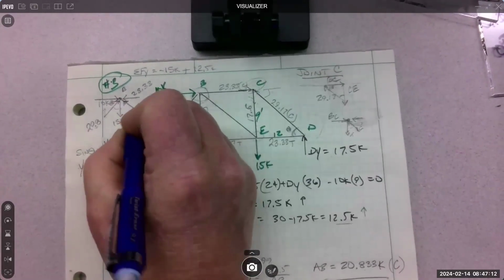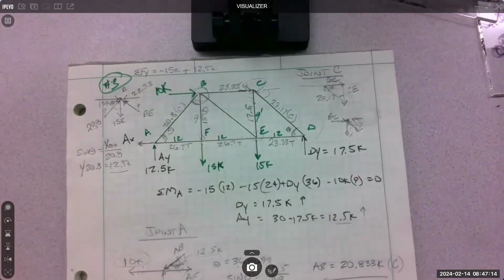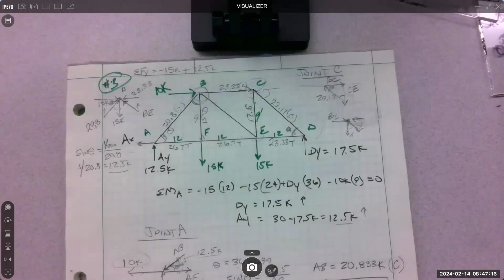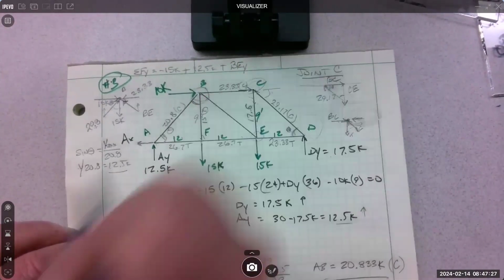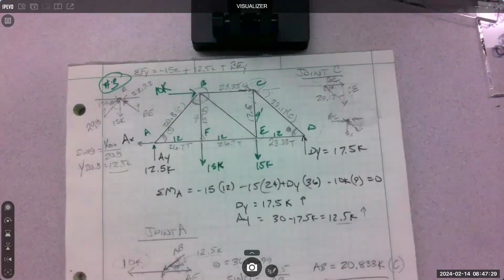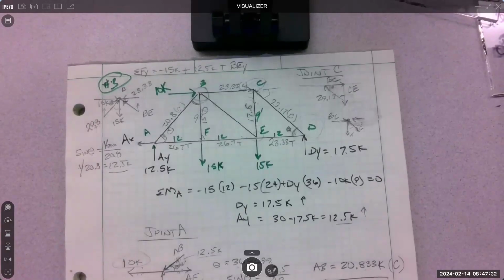So now I have the 15 in and that Y component. I need this Y component, the Y of BE. That would be the 3 forces in the equation. Just using the 53 angle.